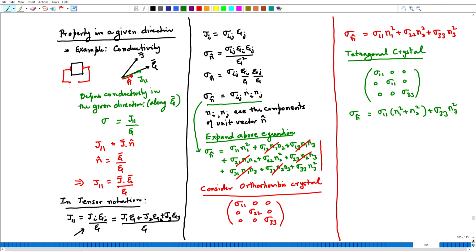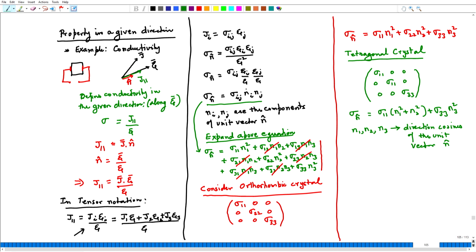Now, remember n 1, n 2, n 3 are the components of the unit vector n, and hence the magnitudes of n 1, n 2, n 3 are simply the direction cosines of the unit vector n.